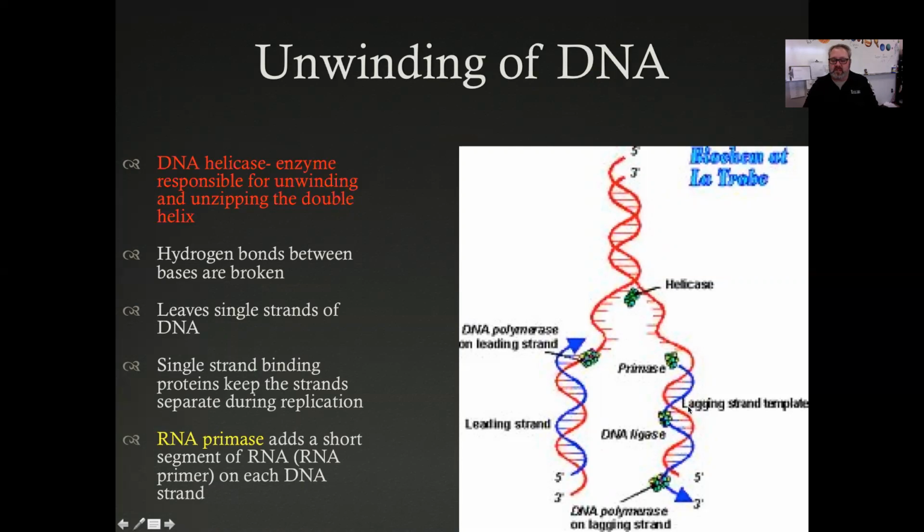Now, there are single-stranded binding proteins that help them to remain apart so that the process of DNA replication can happen, okay? So RNA polymerase is adding these short little segments of RNA on each strand.